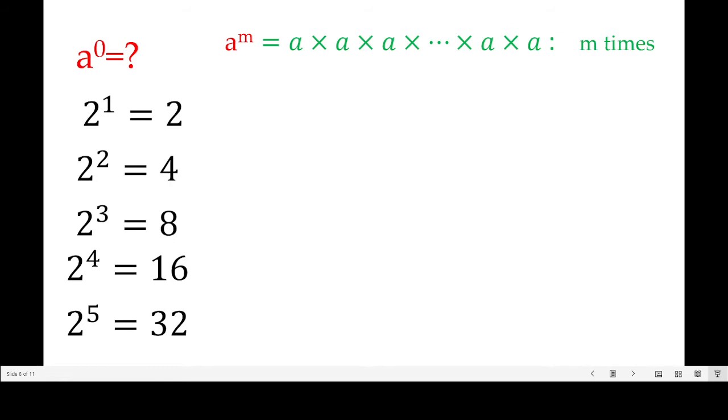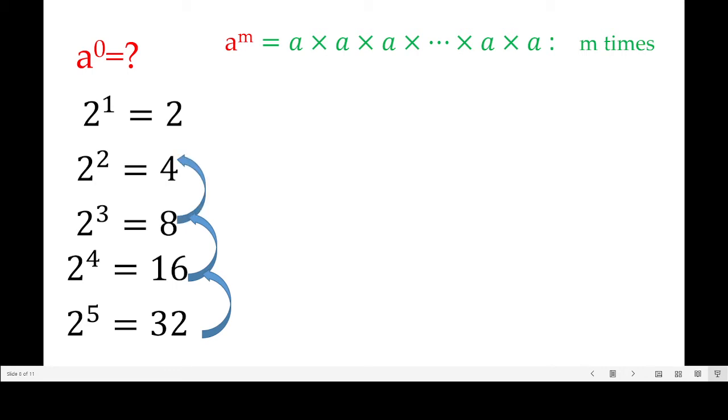And let's come back from the last expression. If we want to come back from 32 to 16, it should be divided by 2. Then from 2 to the power 4 to 2 to the power 3, we need to divide 16 by 2, so we have 8.